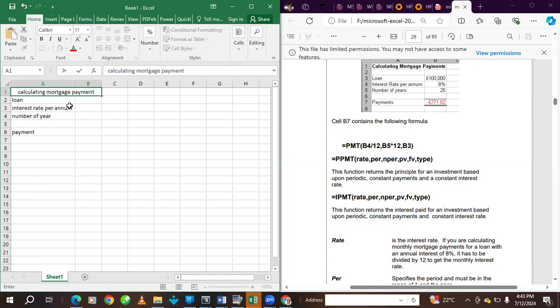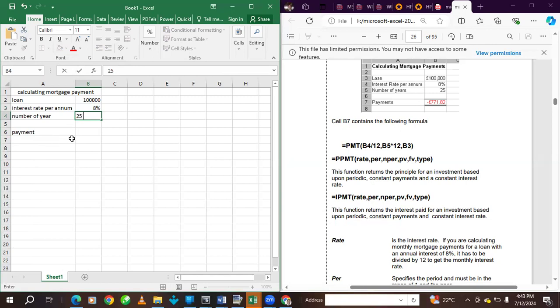So to calculate the mortgage payment, assume a person took a loan of 100,000 and needs to pay an interest rate of 8% for 25 years.